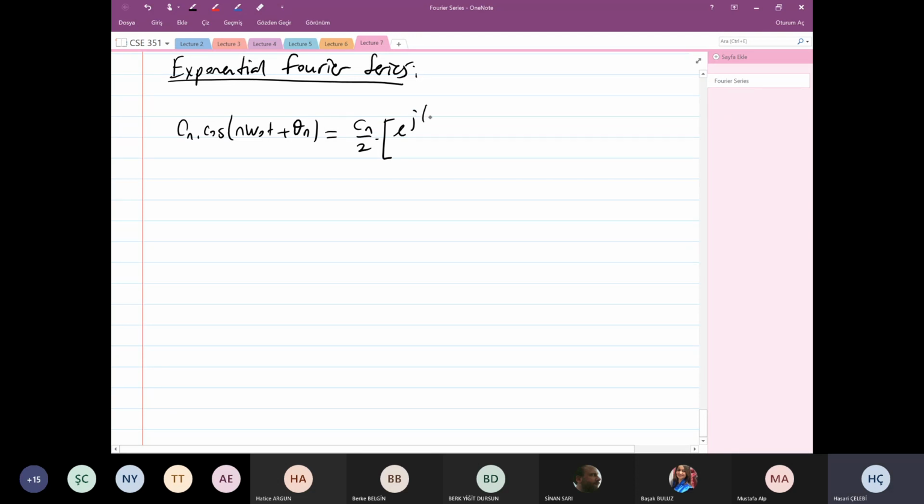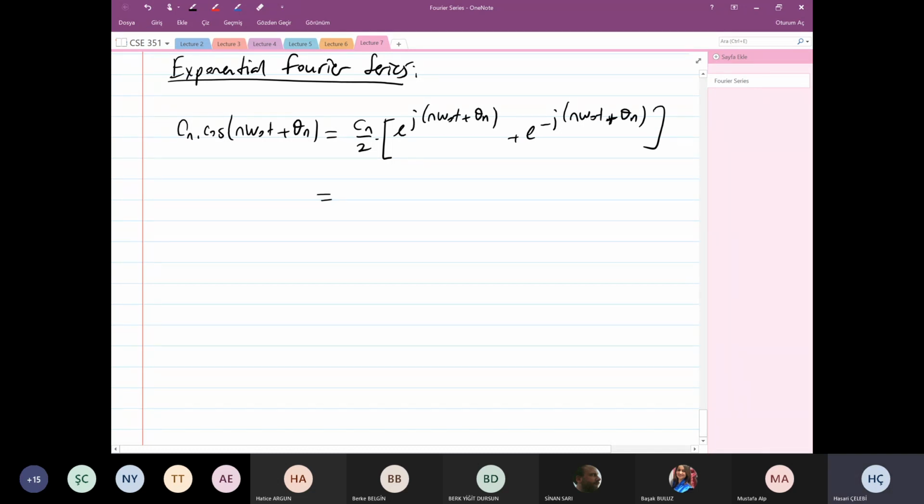Cn over 2 times e to j n omega 0 t plus theta n, plus exponential minus j n omega 0 t plus theta n, right?